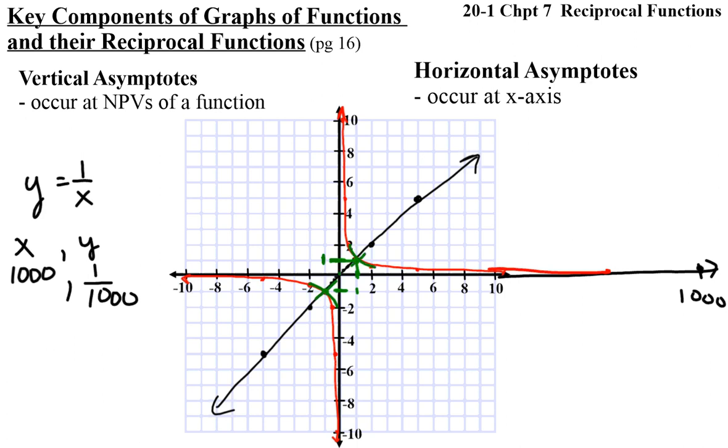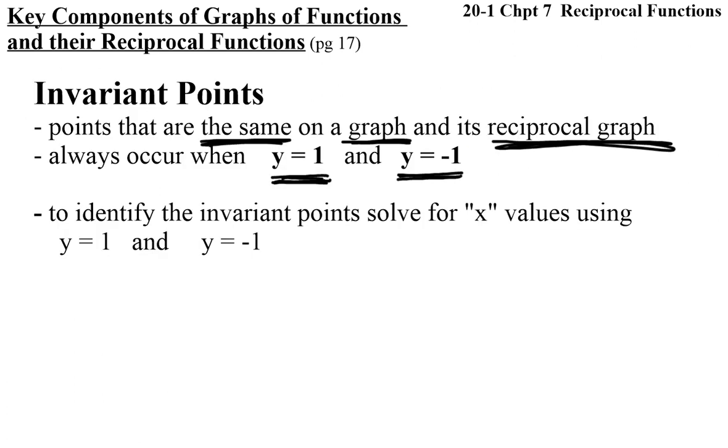At y equal to 1, wherever one graph has a point, the reciprocal will also. At y equals -1, where one graph has the point, the reciprocal graph will also have a point. It's the only time these two graphs will intersect, where y equals 1 and y equals -1.